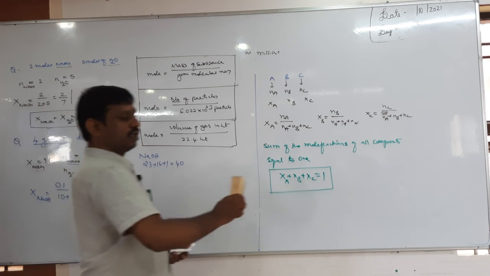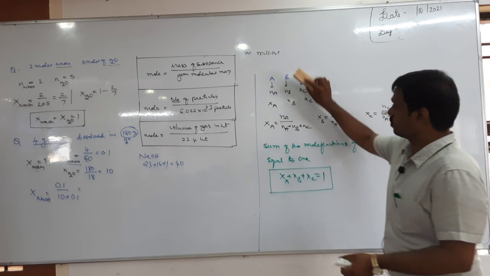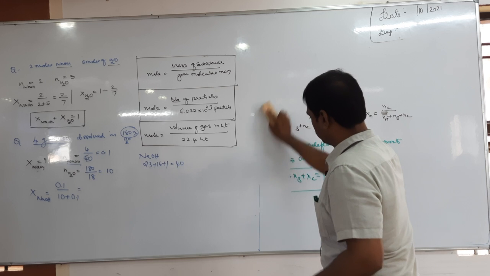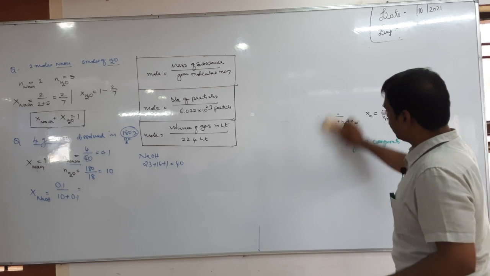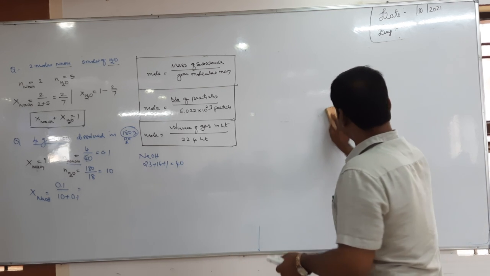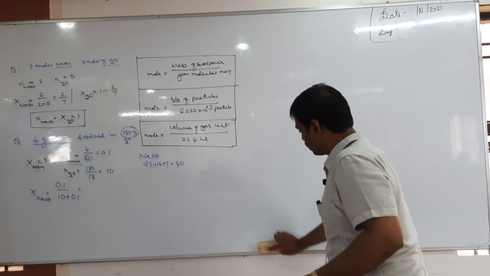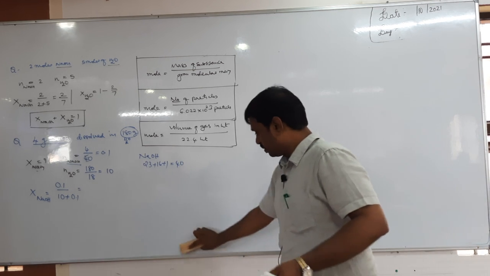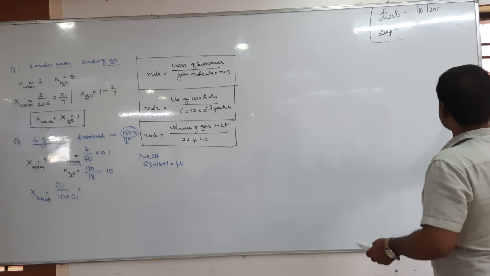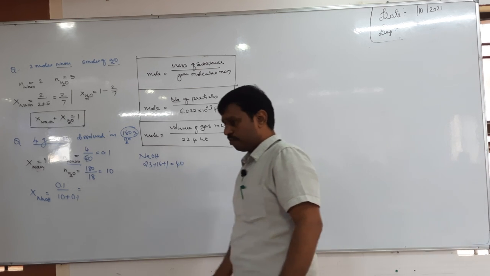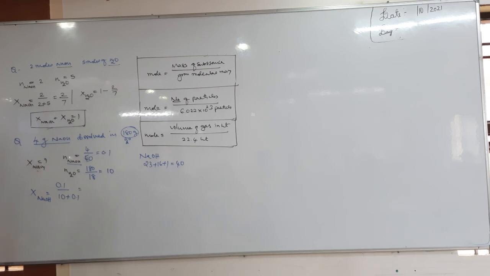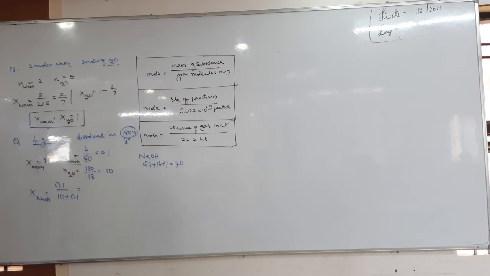Okay, one more question. 6.3 grams of oxalic acid present in 18 grams of water.